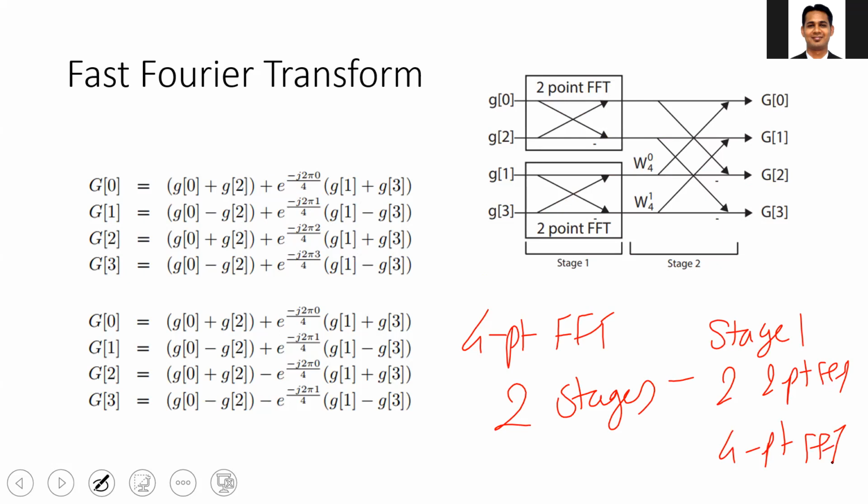You can say that it's a butterfly structure, a complete 4-point FFT. So the 4-point FFT can be implemented using the butterfly structure. In stage 1, you have 2 butterflies. In stage 2, you have 1 butterfly of size 4, where you have the 4 inputs.